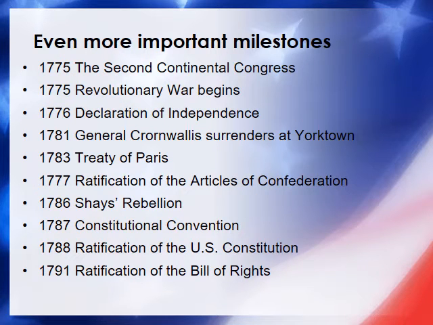Again, more milestones. The First Continental Congress, this is really about bringing grievances to the British government, trying to get things back to the good old days of largely self-rule, low taxation, and yet the British government providing defense and support of the colonies.